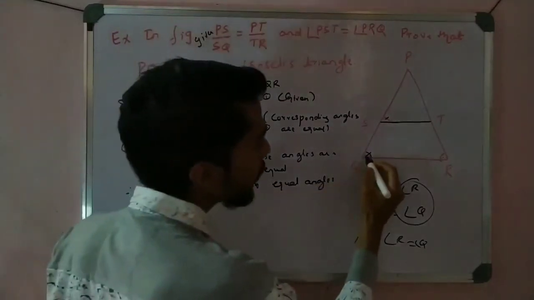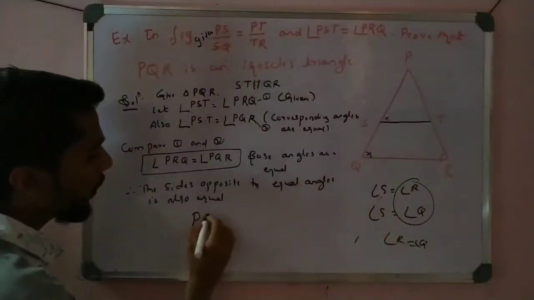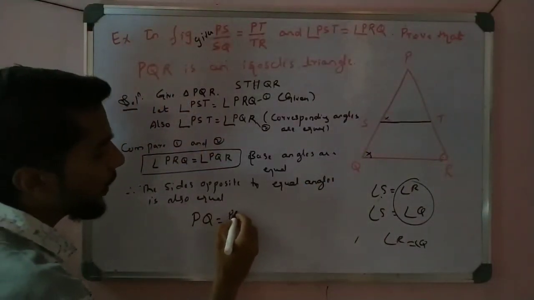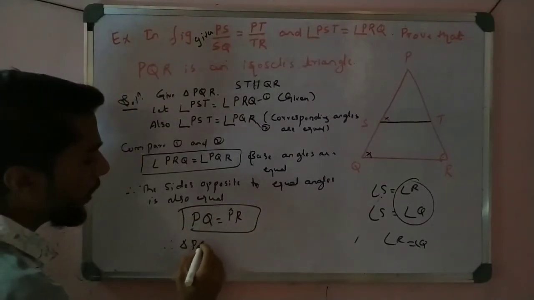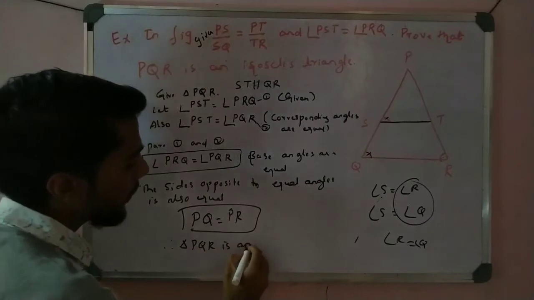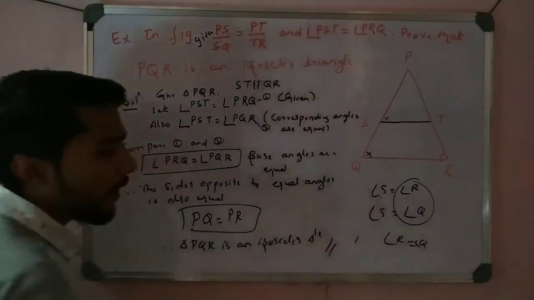The side opposite to Q is PR and the side opposite to R is PQ. So therefore PQ is equal to PR. Therefore triangle PQR is an isosceles triangle. Okay, so simple.